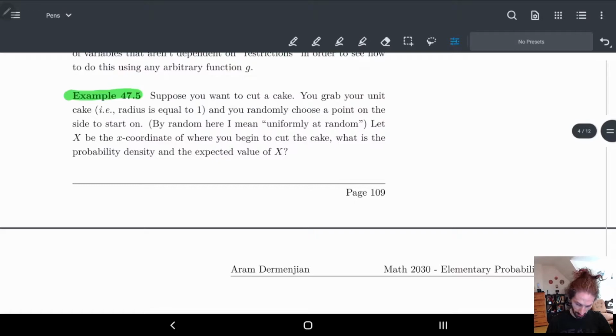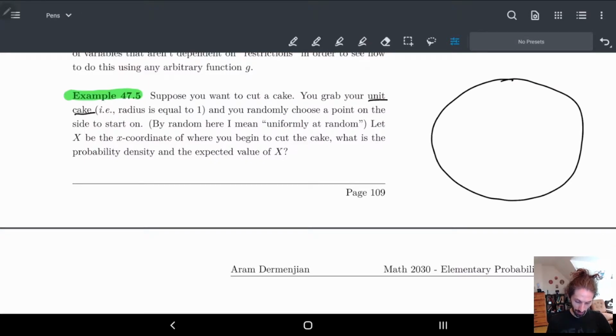So here let's imagine we have a unit cake. In other words, we have a cake where the radius is 1. So let me draw my cake. And you randomly choose a point on the side to start on. So we're going to choose a point. We'll say this is our random point. And here I mean uniformly at random. So we randomly choose a point.